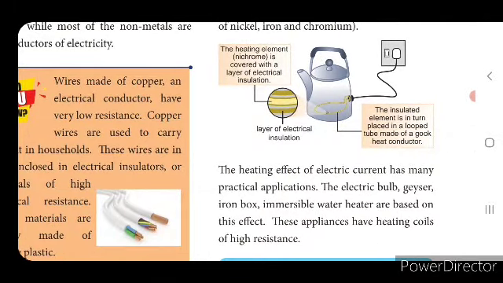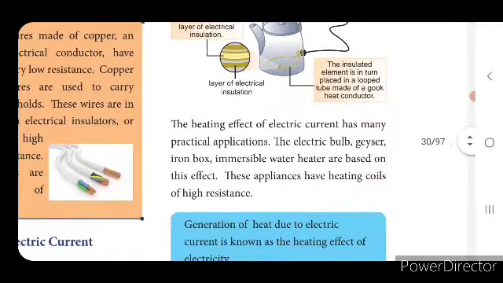Okay children, the heating effect of electric current has many practical appliances, that is, the electric bulb. After some time, if you touch a bulb which has been glowing for a long time, you can observe that heat. Geyser means water heater. Iron box: electrical energy is converted into heat energy. Immersible water heaters are based on this effect.